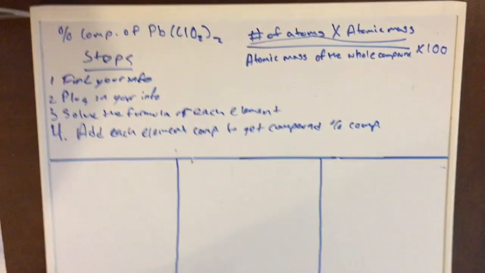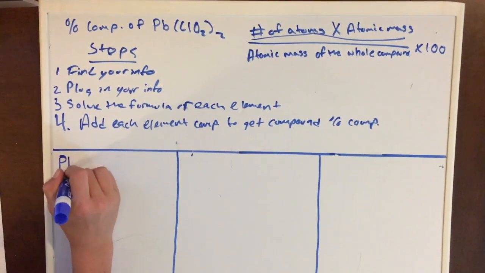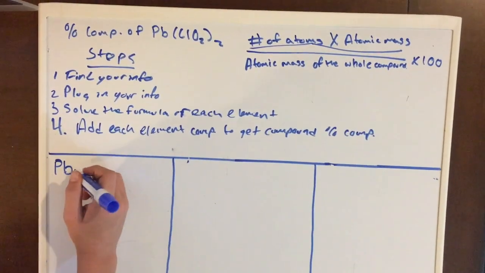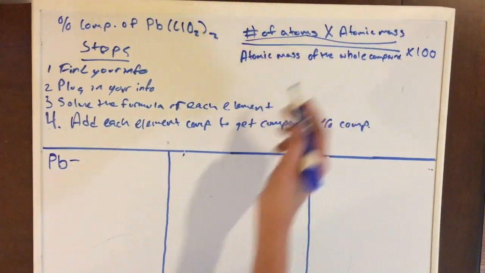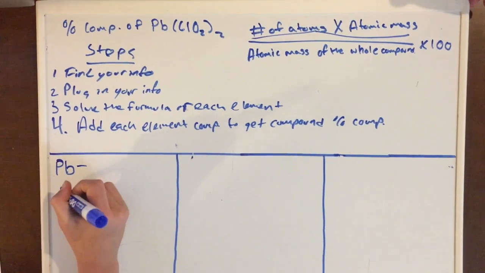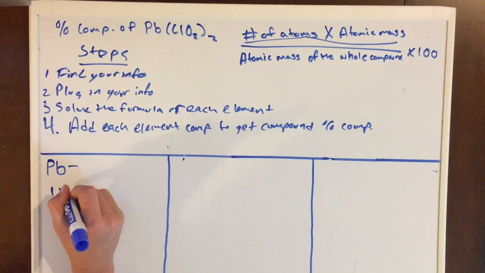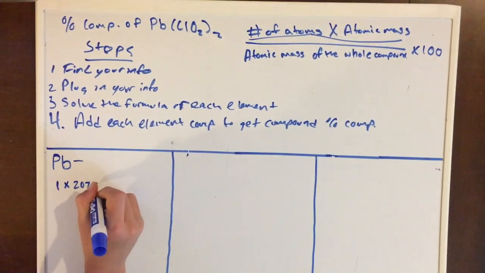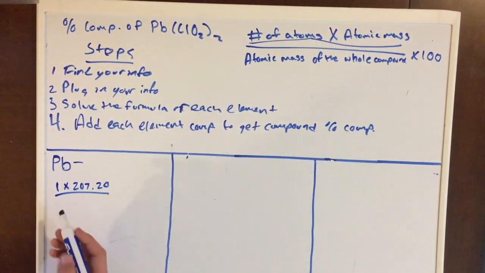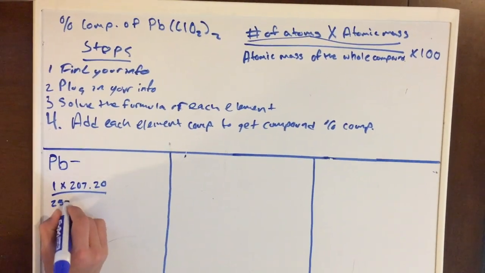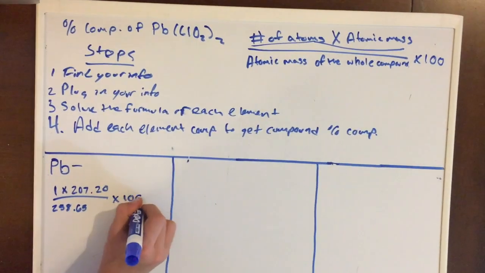So how we're going to do that is find the percent composition of the element lead, or in this case, Pb. How you're going to do that is find the number of atoms, which is 1, multiplied by the atomic mass, which is 207.20, all over the atomic mass of the whole compound, which is 258.65, all multiplied by 100.